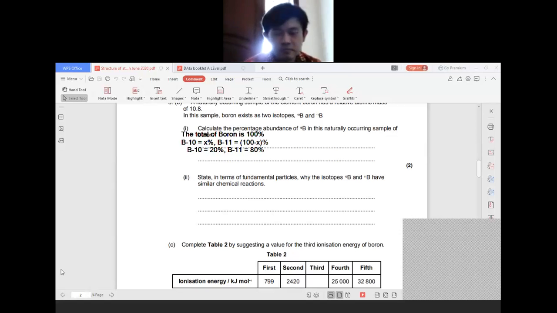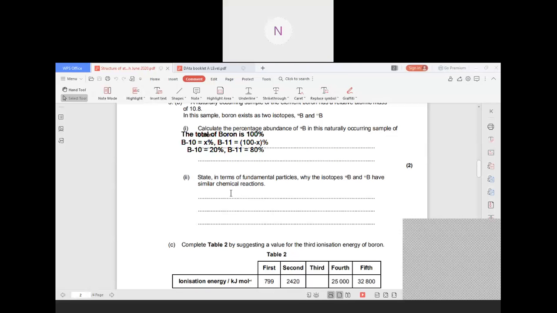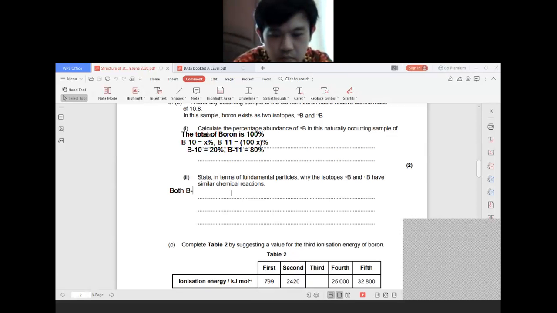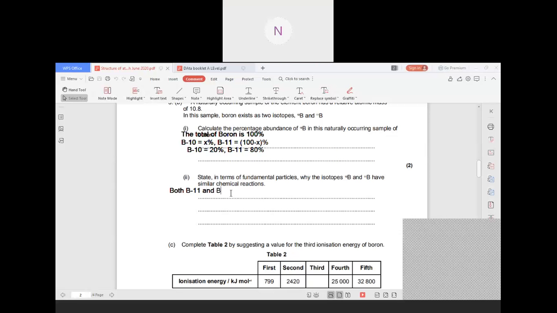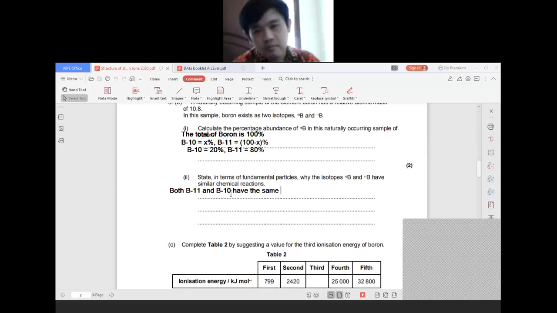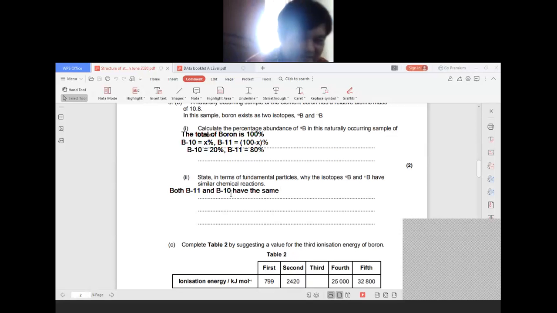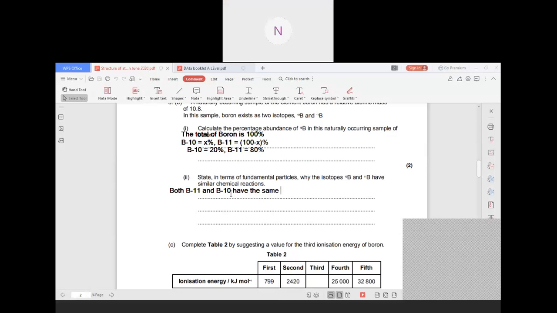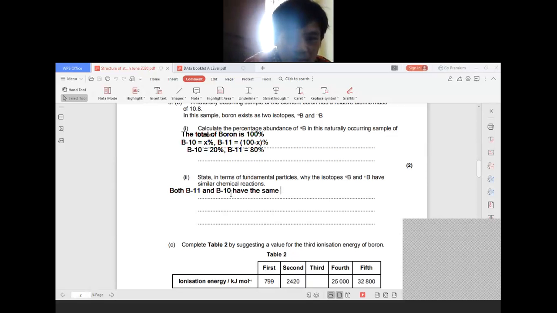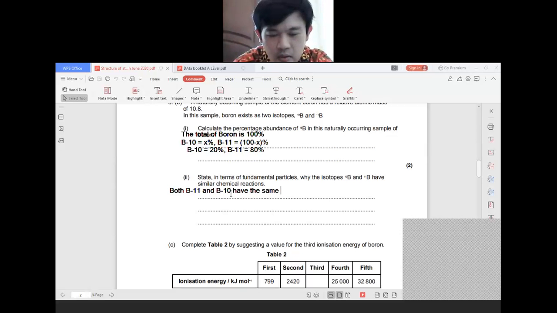Because they have same number of protons, same element.